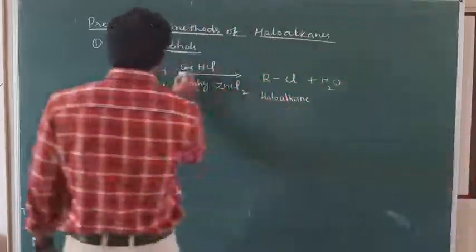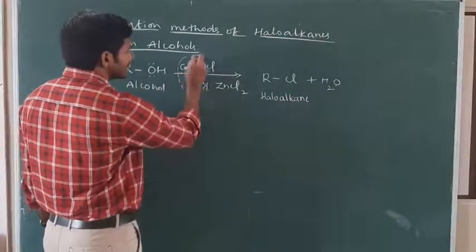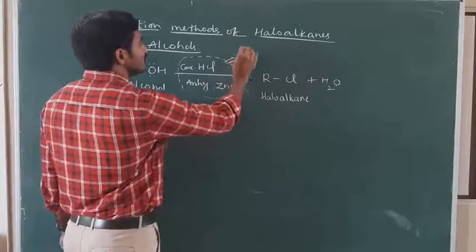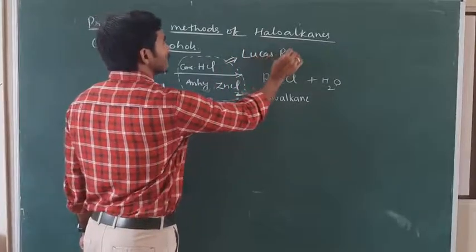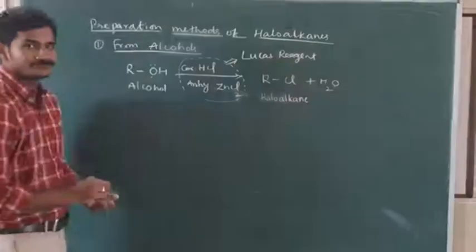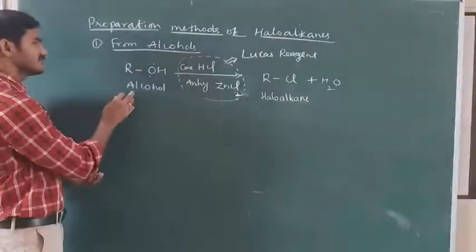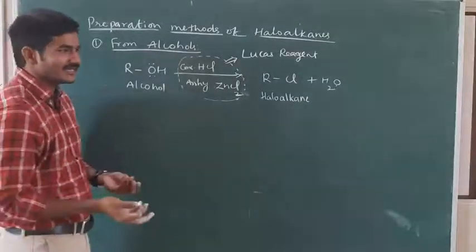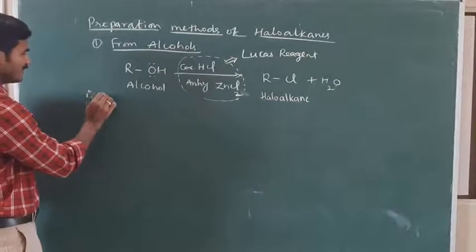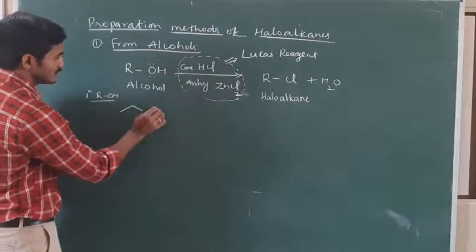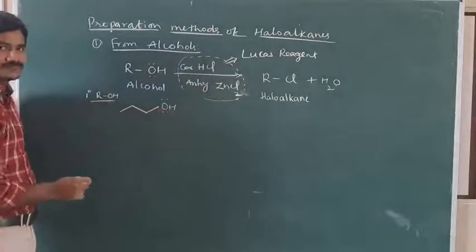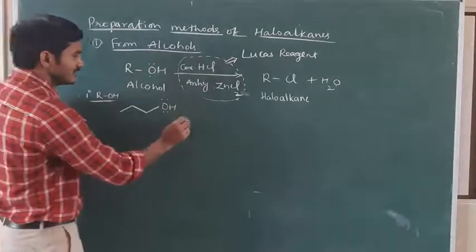And this mixture, concentrated HCl plus anhydrous ZnCl2, is called Lucas reagent. Here the alcohol may be primary, secondary or tertiary. Let us take the primary alcohol first. This is a primary alcohol.